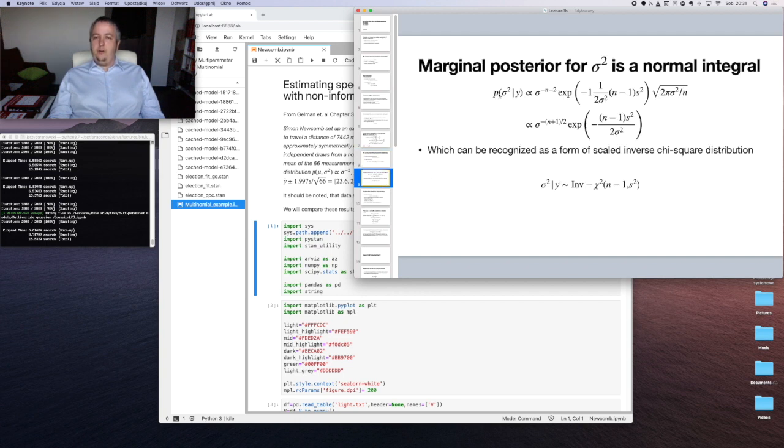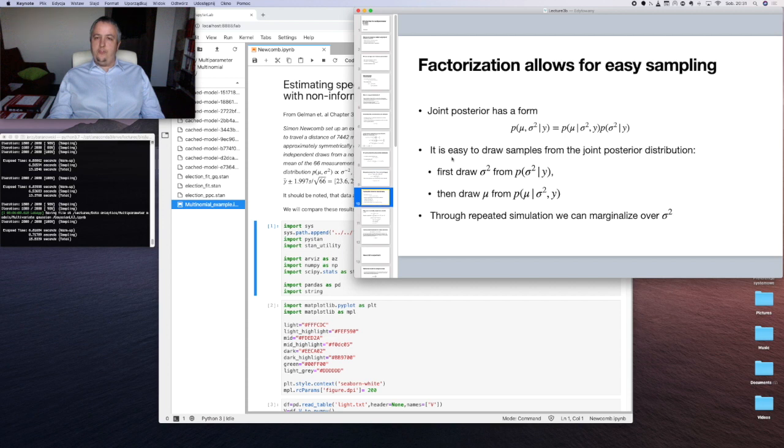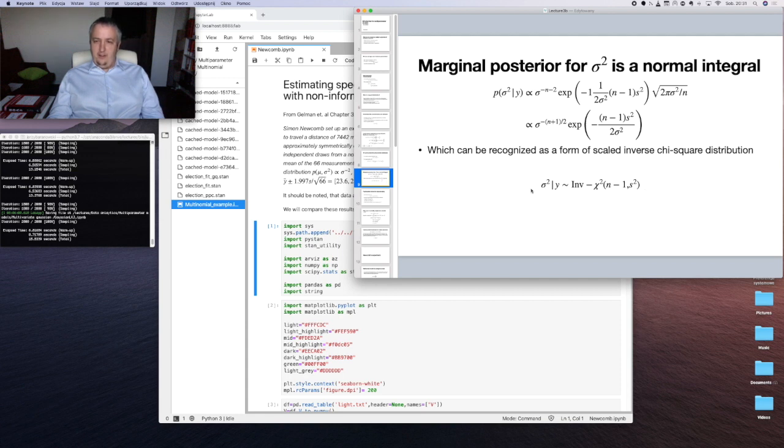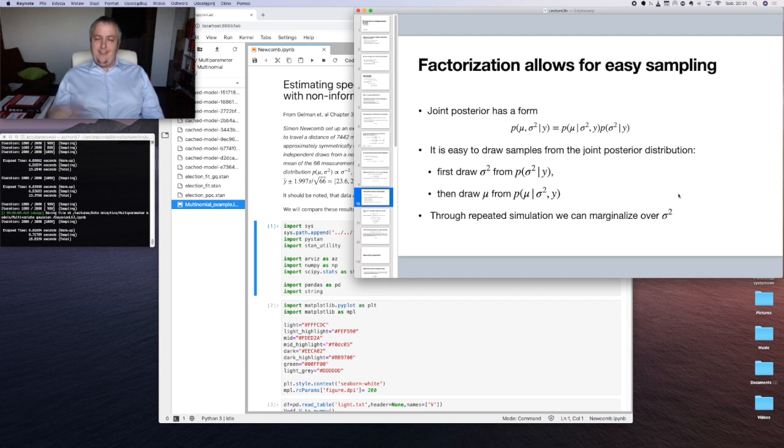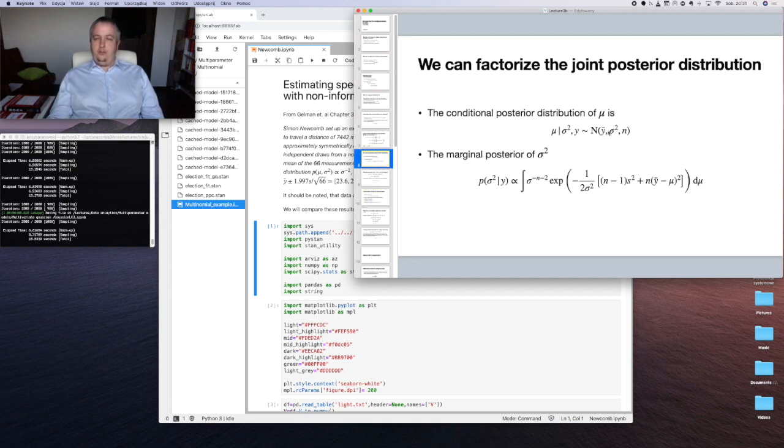getting the distribution of sigma squared conditional on measurements, we can sample sigma squared from its probability, which is again the inverse chi-squared, and then we can draw mu from our normal distribution conditional on sigma squared.